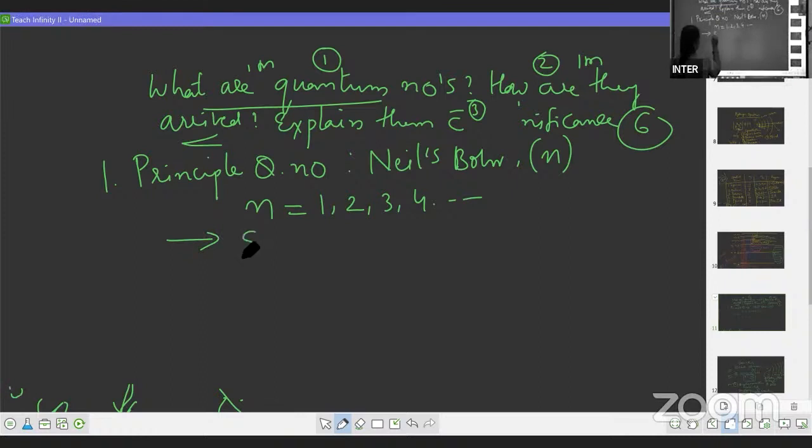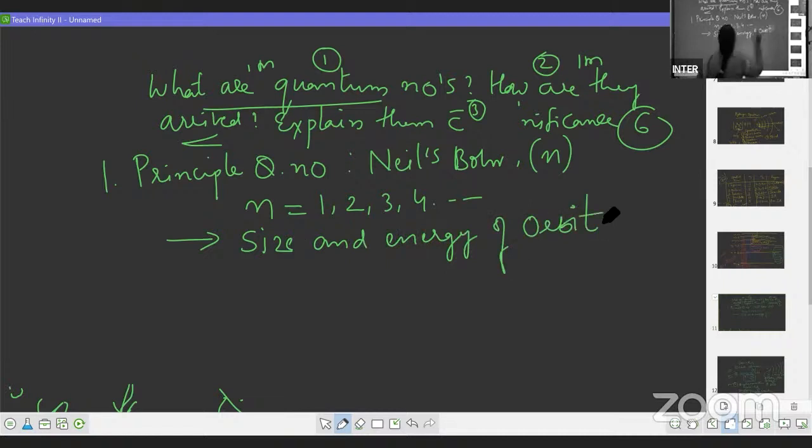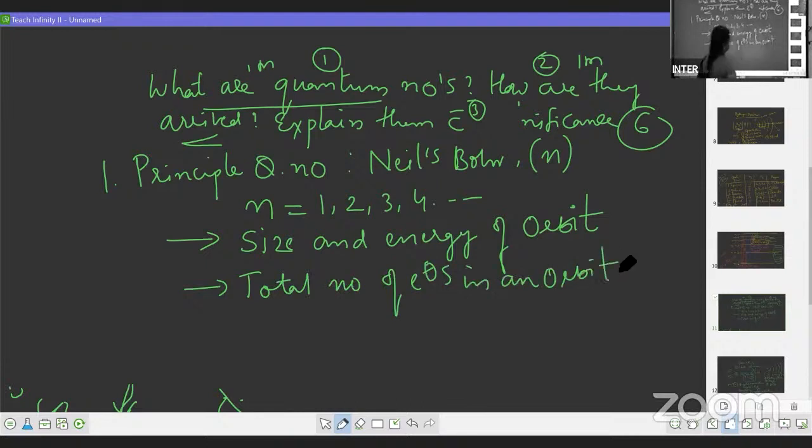You come to know about the size and energy of the orbit, the height and length of the orbit, and the total number of electrons in an orbit. For any quantum number, the points to write in your booklet are: first the scientist who proposed it, then the symbol, then what the values are, then what the application is.